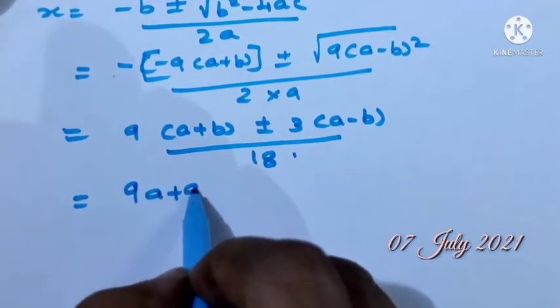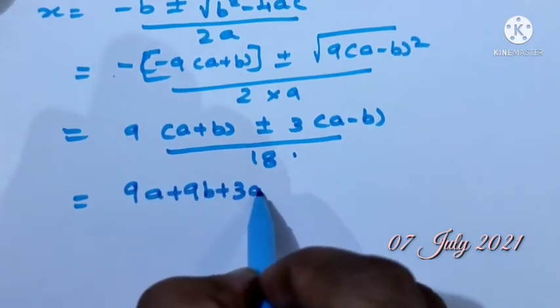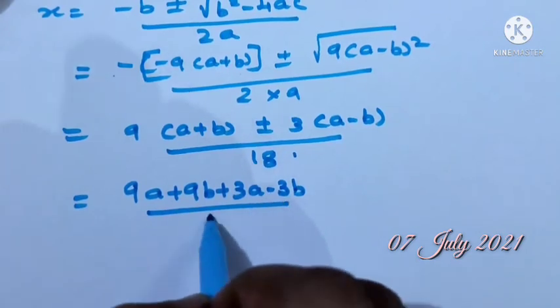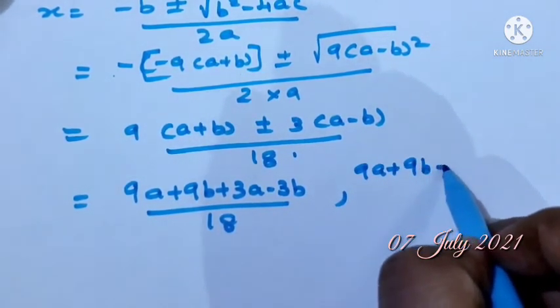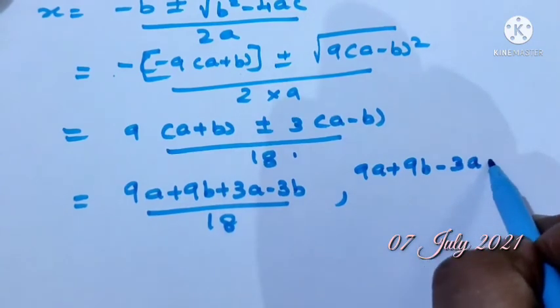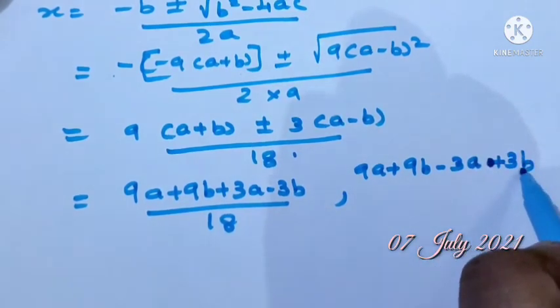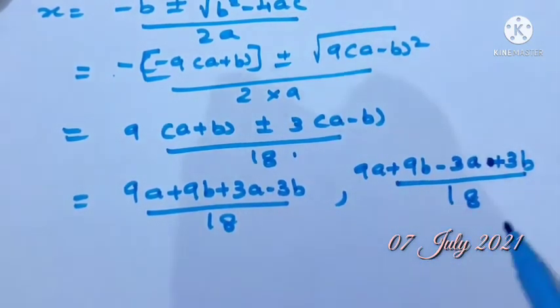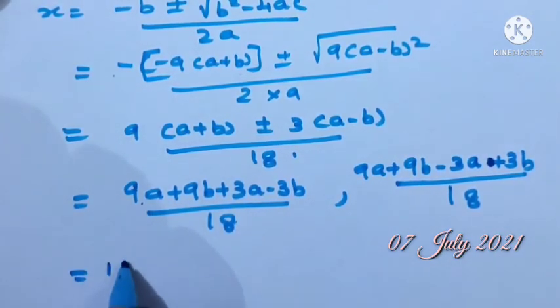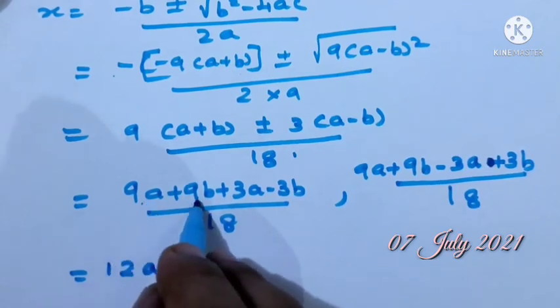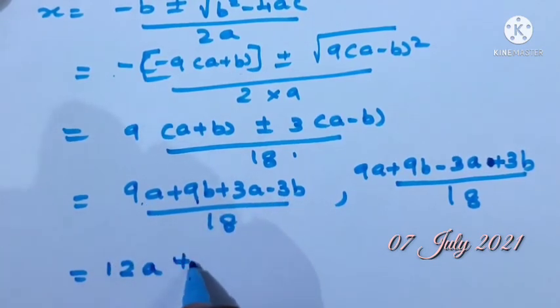9a plus 9b plus 3a minus 3b. So when we have taken the plus sign, now 9a plus 9b minus 3a, minus into minus plus 3b, by 18. So 9a and 3a, what is the answer? 12a. 9b minus 3b, 6b, by 18.